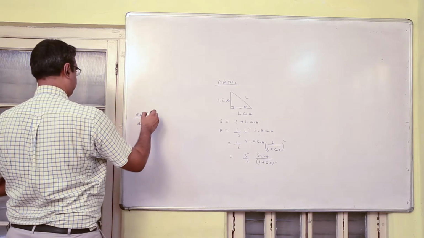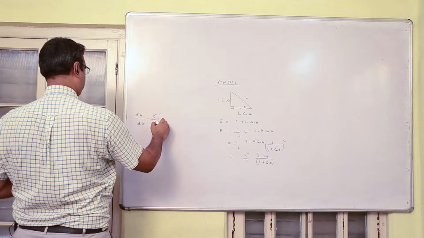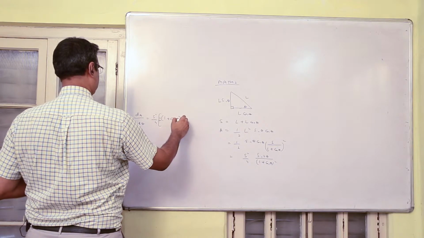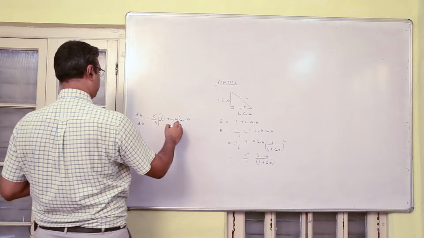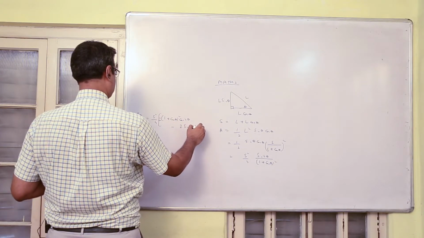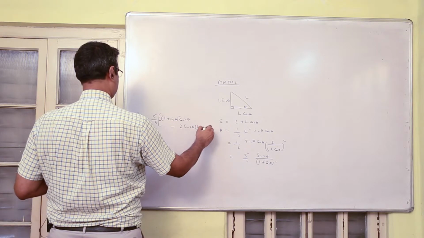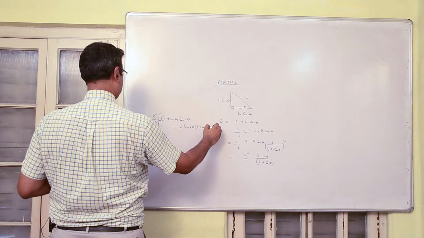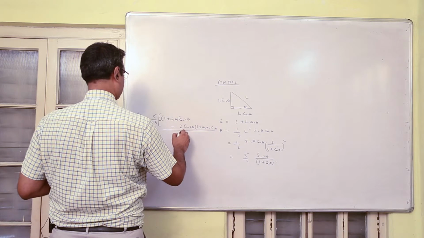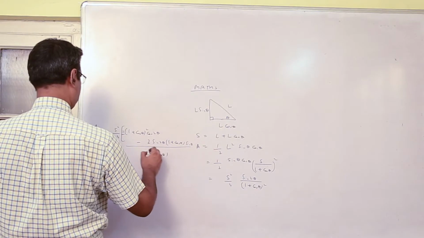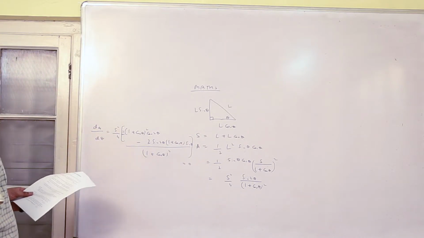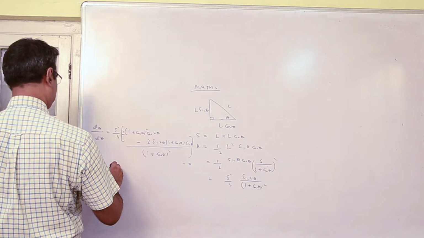Now you find out dA by d theta and equate it to 0.